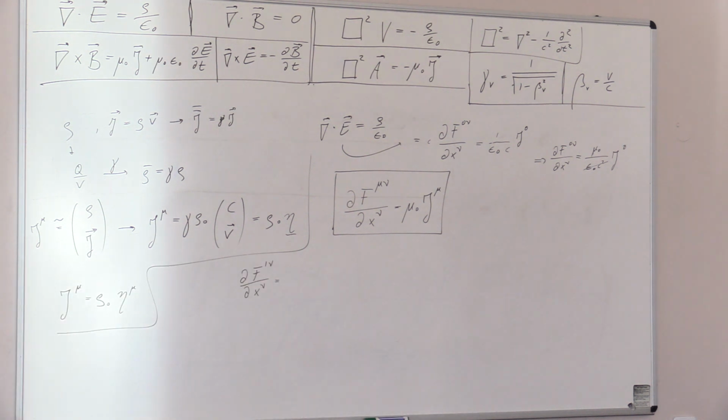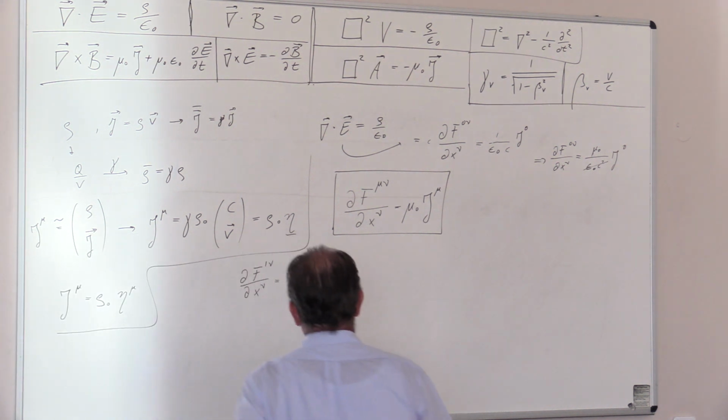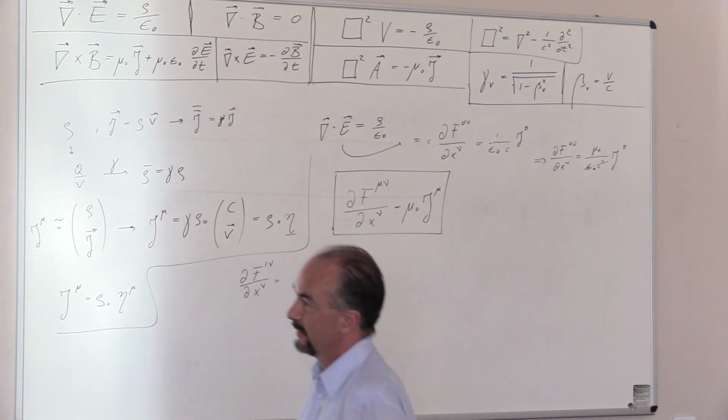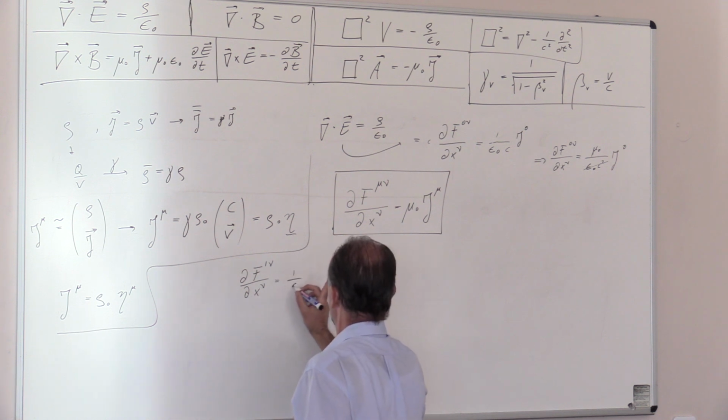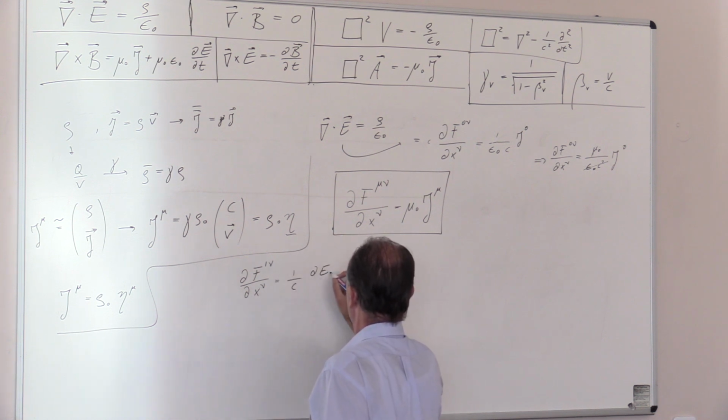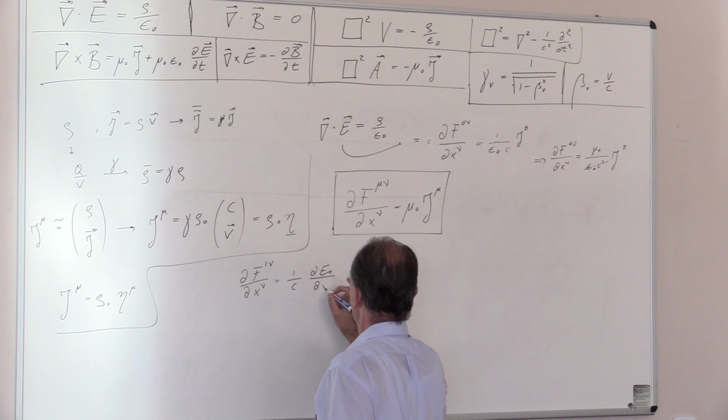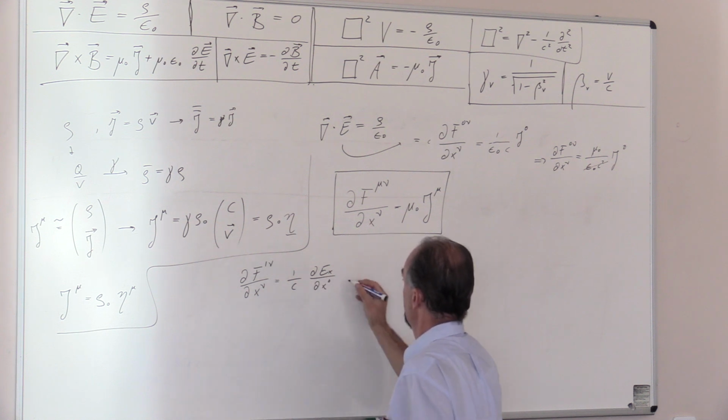For F1, this is d over dt, d over dx, d over dy, d over dz. Right? That's what that says. So this is minus 1 over c dE_x over dx naught, right?